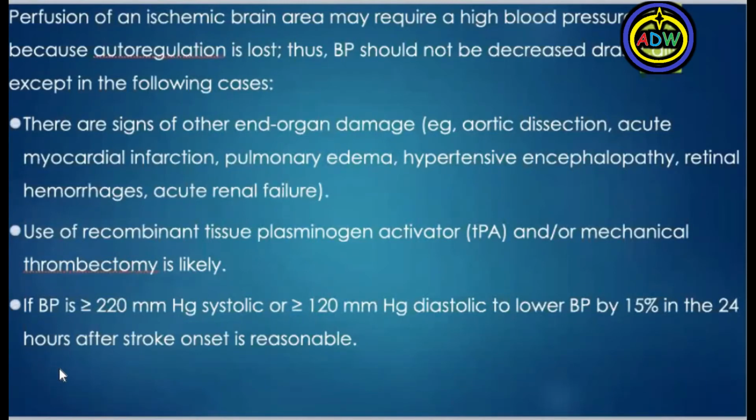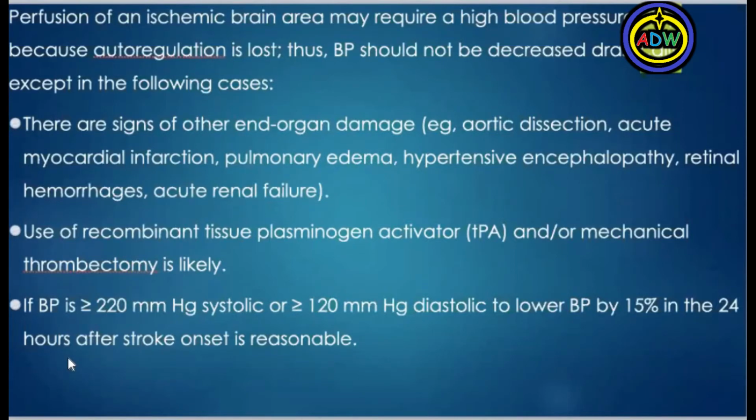So BP should not be decreased drastically or extremely except in the following cases: if there are signs of other organ damage, such as aortic dissection, myocardial infarction, pulmonary edema, encephalopathy, retinal hemorrhages, or acute renal failure. Only in these cases can blood pressure be decreased drastically.